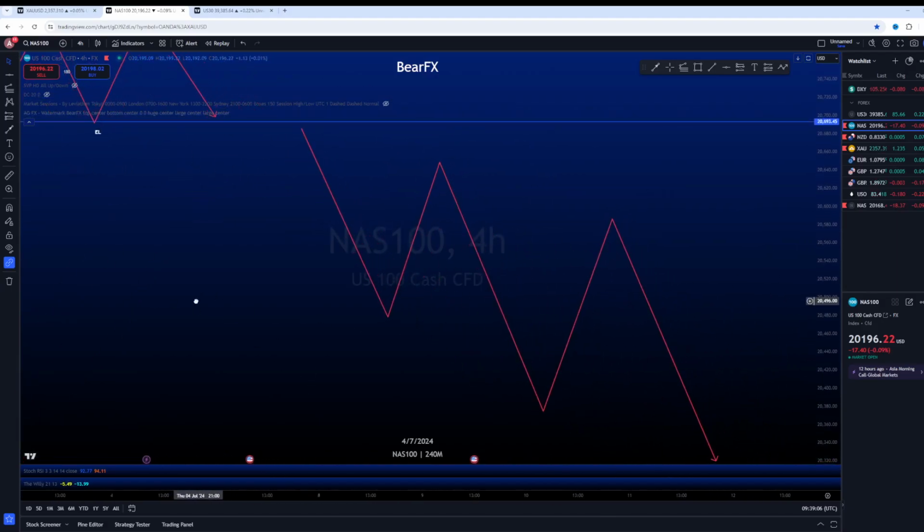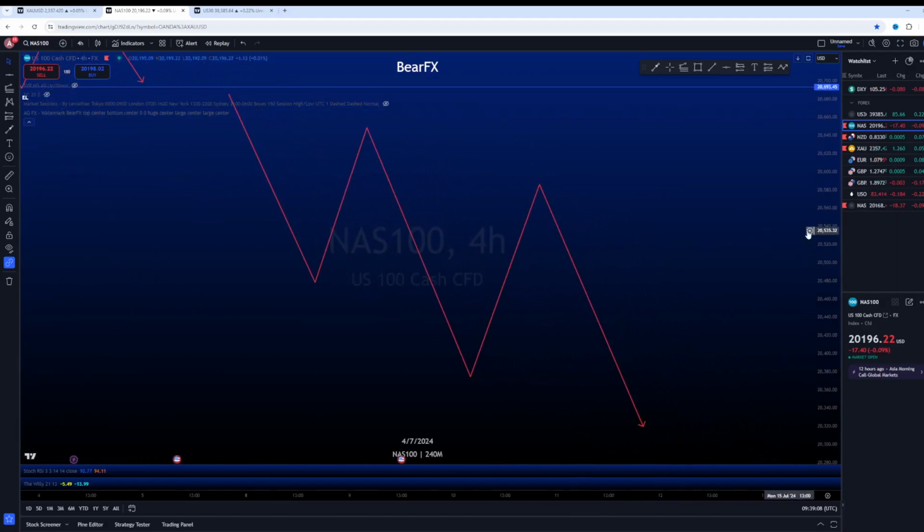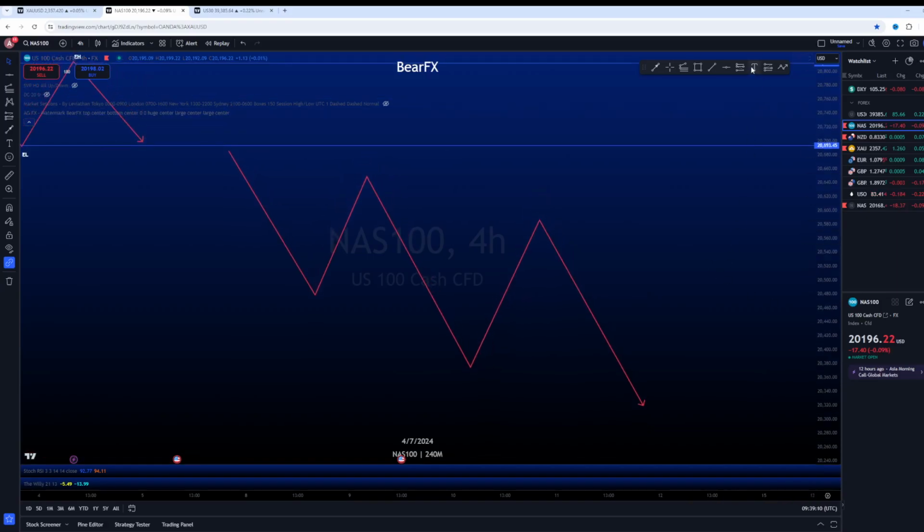And then we've got the downtrend. All right. So it's a higher low. And a lower low.